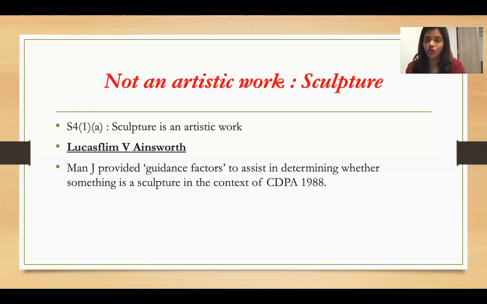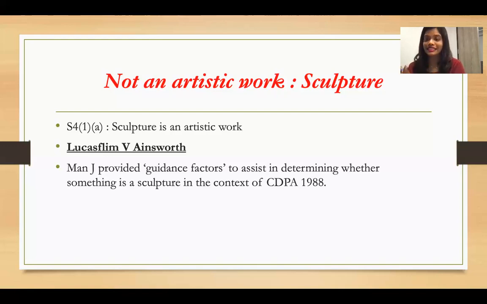In the case of Lucasfilm, the courts found that the Stormtrooper helmet is not functional because it is purely for costume play. Certain Star Wars fans are going to be happy about it, but it doesn't have a function to be used. When you don't have a function to use, it cannot fall under sculpture.